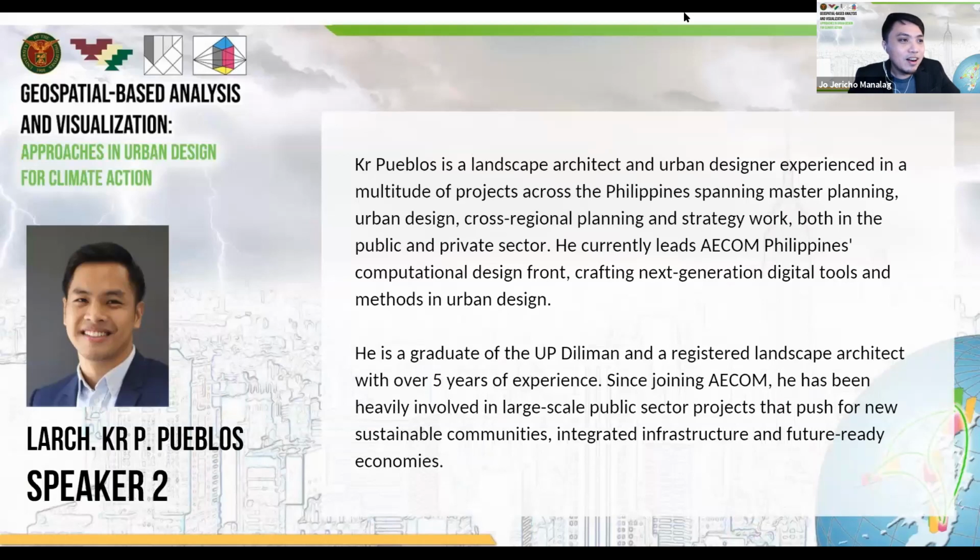All right, so Architect Kir Pueblos is a landscape architect and an urban designer experienced in a multitude of projects across the Philippines, spanning master planning, urban design, cross-regional planning, and strategy work, both in the public and private sector. He currently leads AECOM Philippines' computational design front, crafting next-generation design tools and methods in urban design. He's a graduate of the University of the Philippines and a registered landscape architect with over 5 years of experience in landscape and urban design.